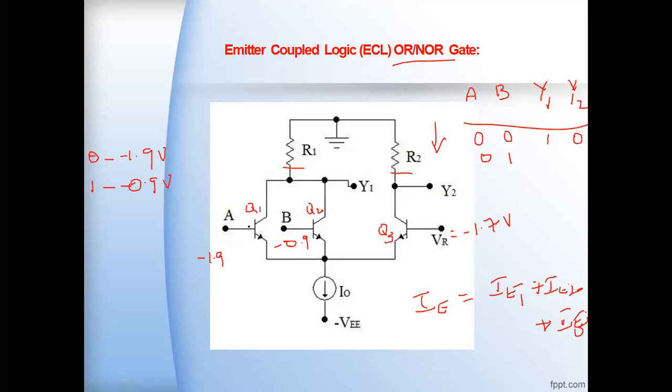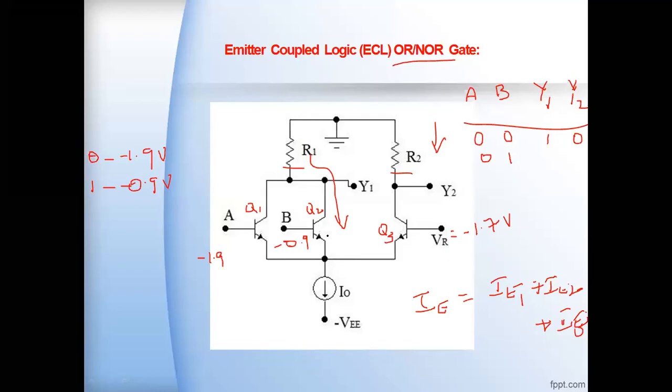The transistors Q1 and Q3 will take less current because the transistor Q2 at the base has the higher negative supply voltage here. Because of that, the maximum current is now flowing in this direction, right?